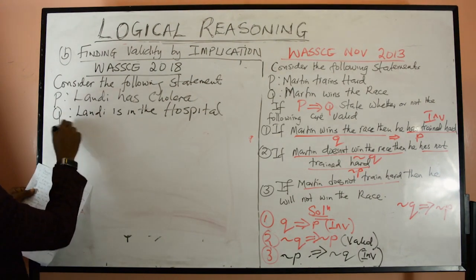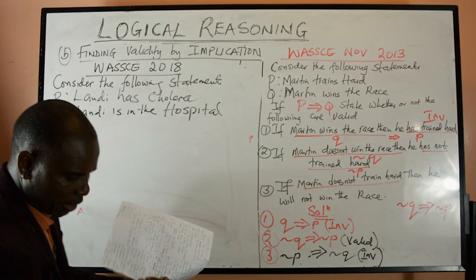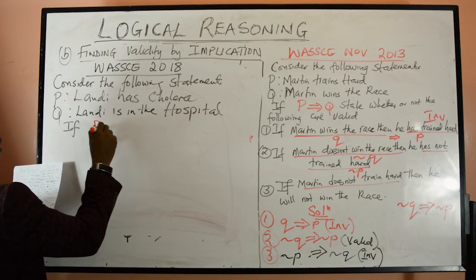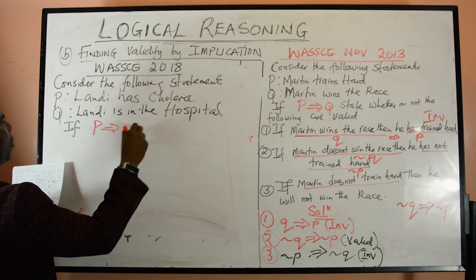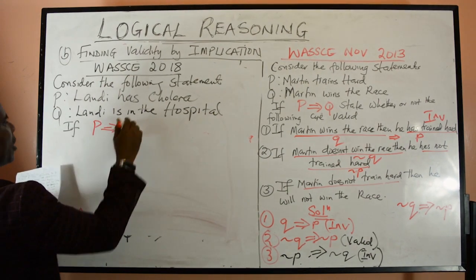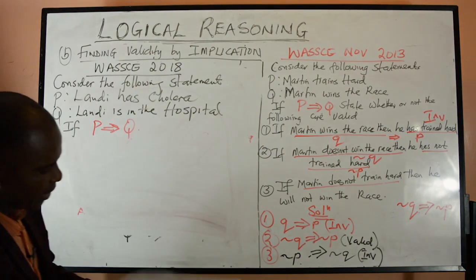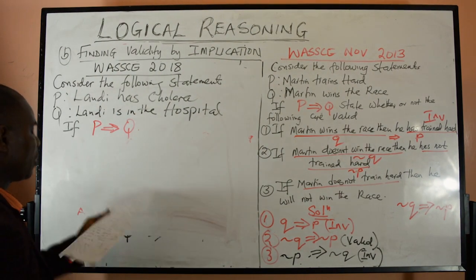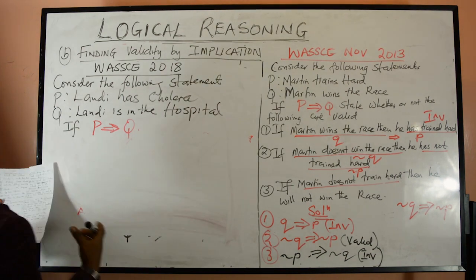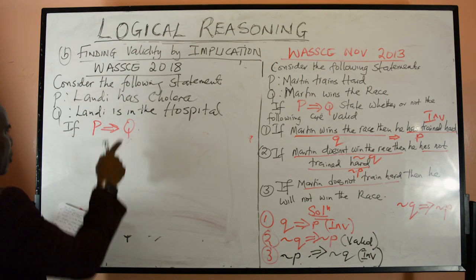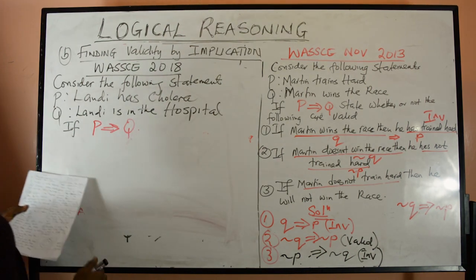You must have the implication in the question before you apply implication techniques to find the validity. If P implies Q, that's the meaning. So let me use the capital letter. If P implies Q, then find the validity of the following.